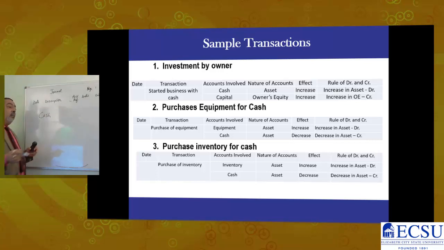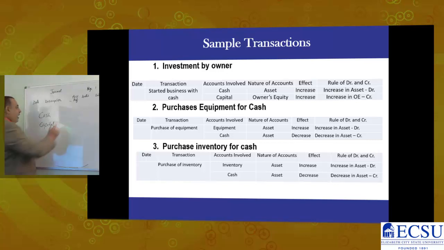And the owner's account is always represented by either common stock or capital. In this case, we are not told that it is a company or a corporation. They just said started a business. We are going to presume it is a sole proprietorship. Therefore, we'll take this as capital. So these are the two accounts involved.